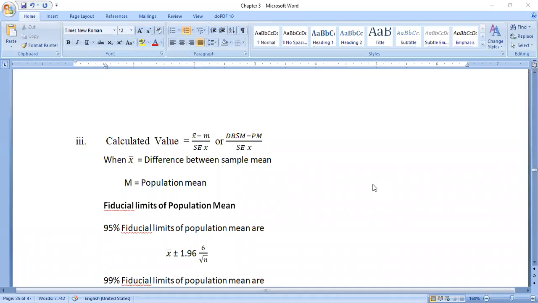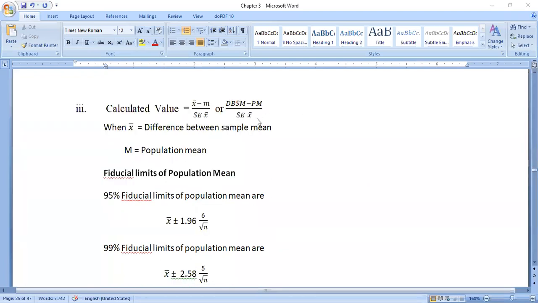After getting that value, the calculated value is equal to x bar minus m divided by standard error x bar. This formula we are going to apply.